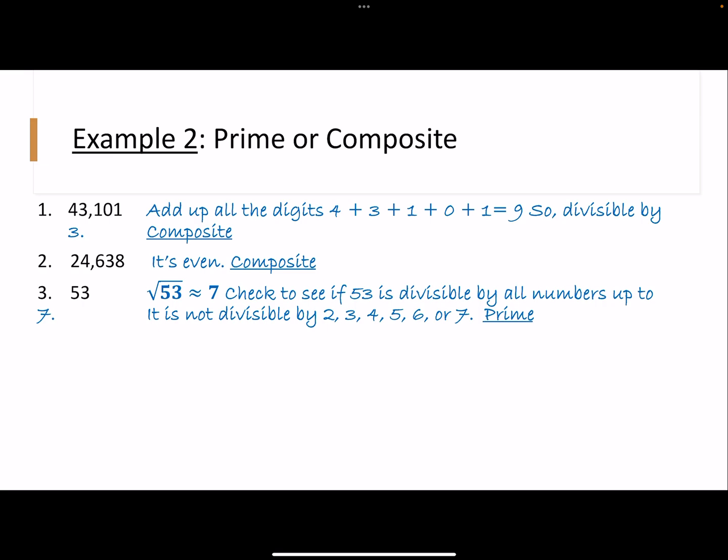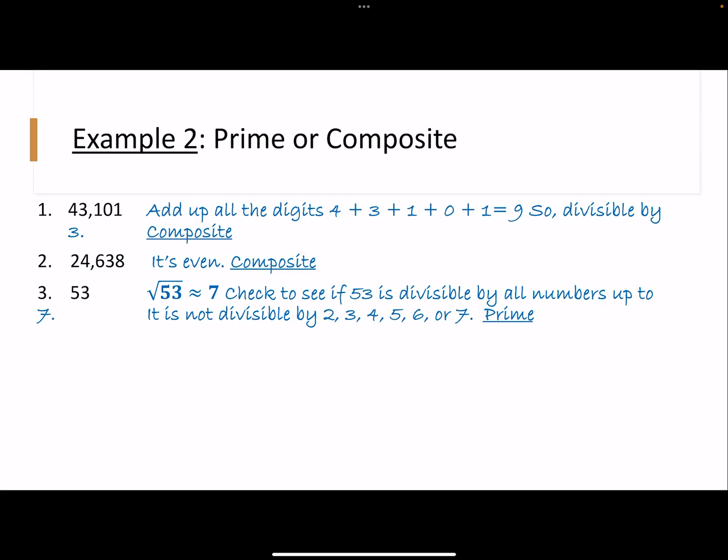Here's the divisibility trick that we were talking about in the previous slide, where if I take the square root of 53, I get approximately 7 point something. And so what I'm going to do is check to see if 53 is divisible by all the numbers from 2 to 7. So 2, 3, 4, 5, 6, or 7. Well, 53 is not divisible by 2.